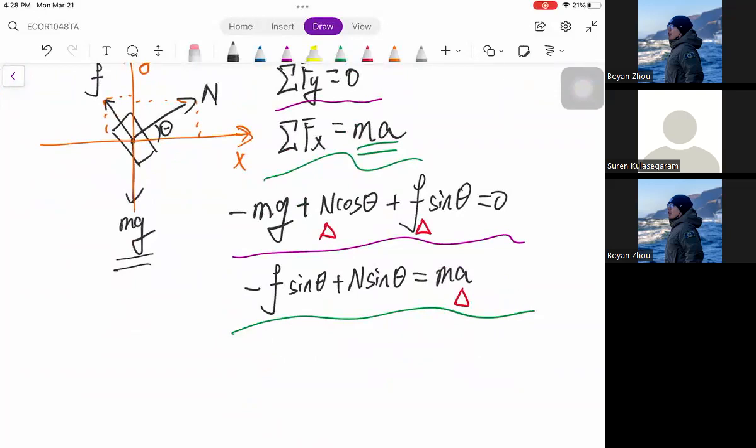We actually know the relationship between the friction and the supporting force N. F is equal to the static friction coefficient times N. So that is going to be our third equation. In this case, we have three equations and three unknowns.